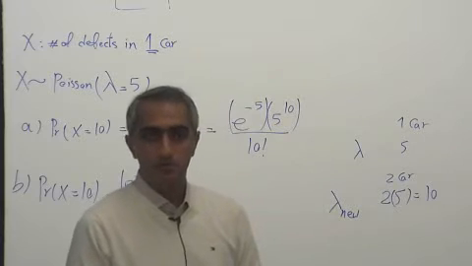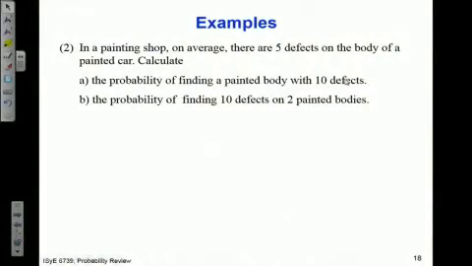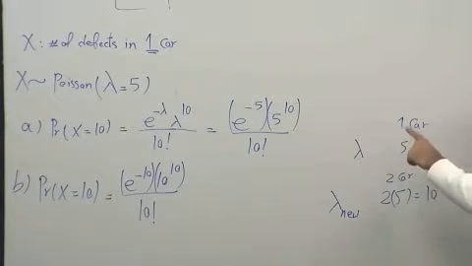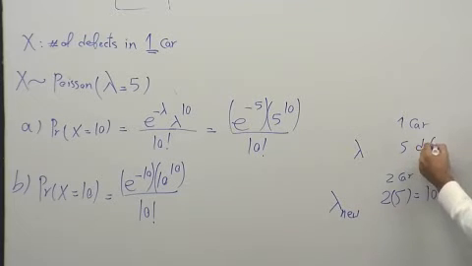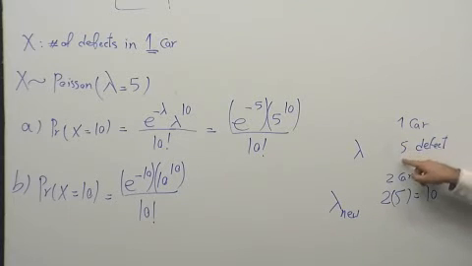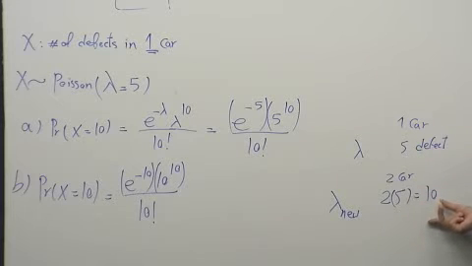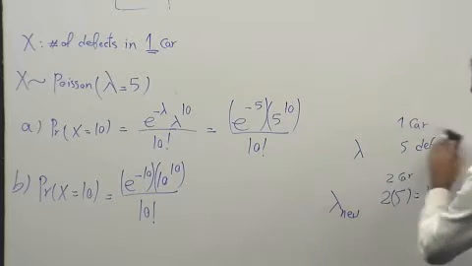Any other questions? So we know that for one car, we have on average 5 defects. You agree? Because lambda is 5. So if I change it to 2 cars, on average, it's going to be 10. Let me write it down this way.